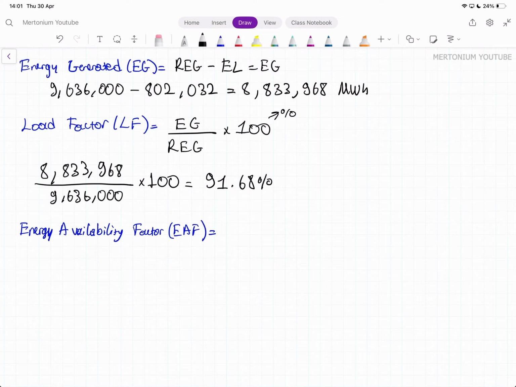So how do we calculate this? Reference energy generation minus total energy loss divided by the reference energy generation times 100.